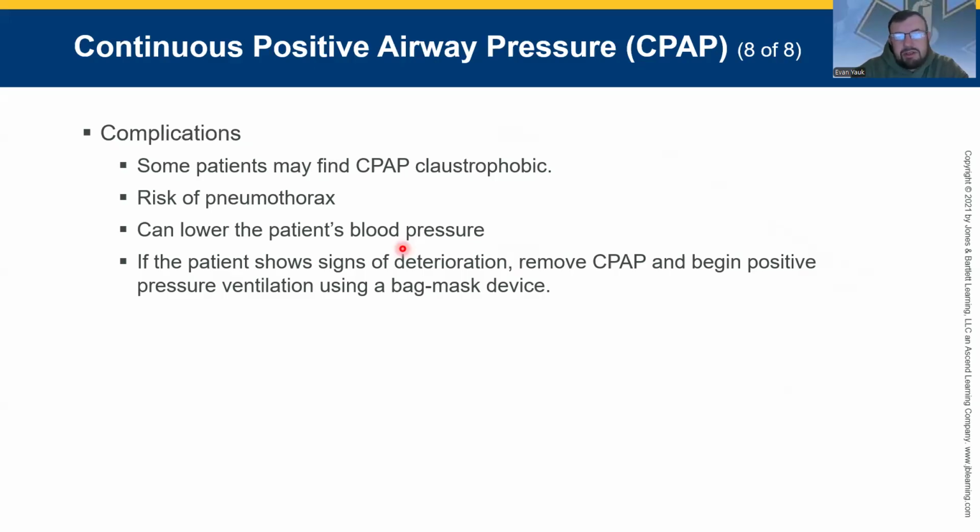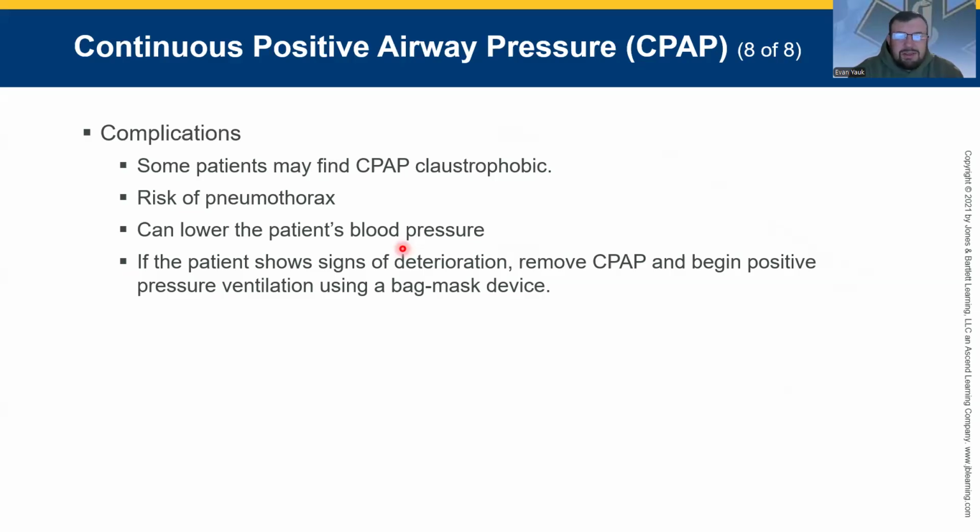Watch that pulse ox and continue to monitor that patient. If we're putting too much pressure on weakened lungs, we can cause a pneumothorax, which we'll get into. We probably have already talked about it, but we'll talk about it more. We can puncture a lung. We can cause barotrauma.